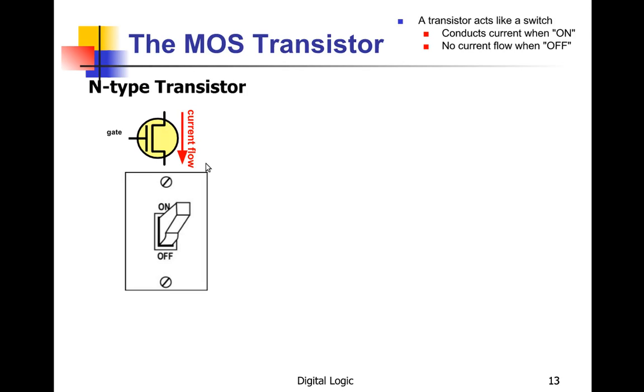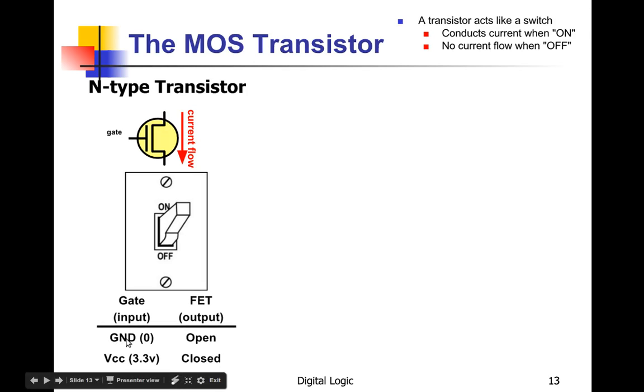It's like a switch. Basically, when you put a positive voltage on the gate, it turns the switch on. So if you put 0 volts on the gate, the switch is open. That's like off. And if you put 3.3 volts on the gate, it's closed. It's like on.